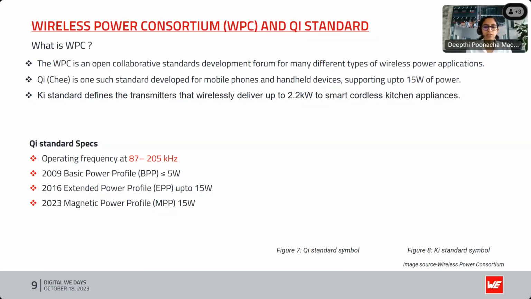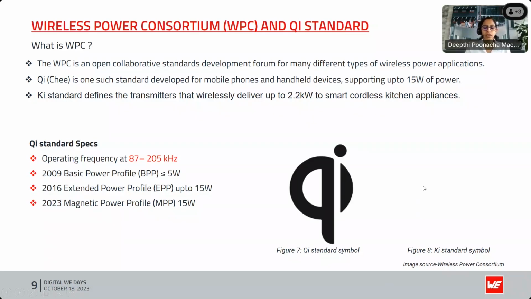Similarly here, for wireless power devices also, there is a body called the Wireless Power Consortium, which has developed some standards for mobile phones and handheld devices up to a power level of 15 watts. This standard is called the Qi standard, and the symbol, as you can see in figure 7, looks like this. If you find any device with this symbol, then you know that the device is Qi certified, and it is safe to use along with your smartphone or your handheld device for charging.